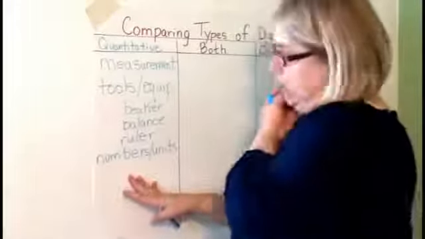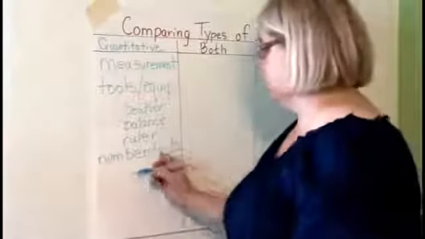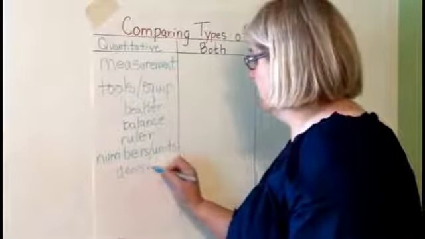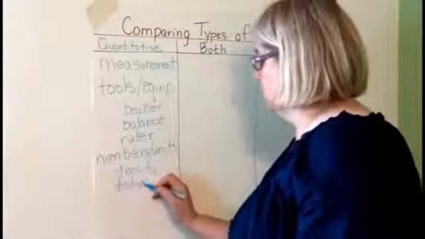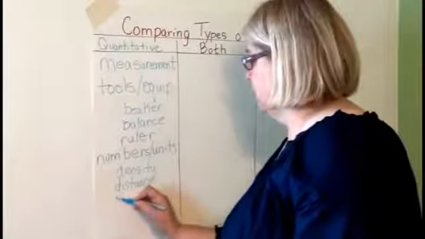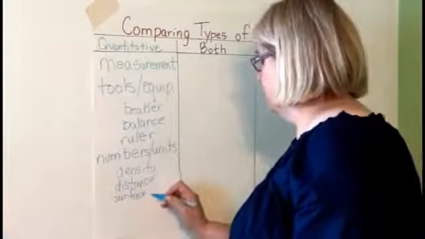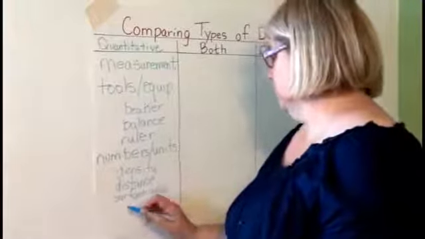When you're doing quantitative data, there's lots of things we could be measuring, and we're going to be learning how to measure all of these things. We're going to be learning how to do density, distance, surface area. Some of these are called different things in math and in science, but they're the same.